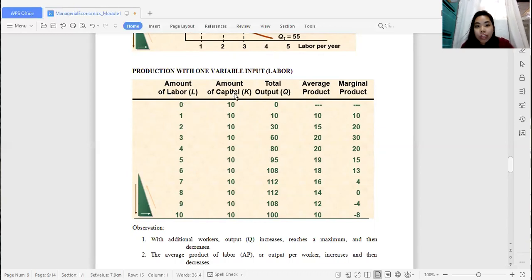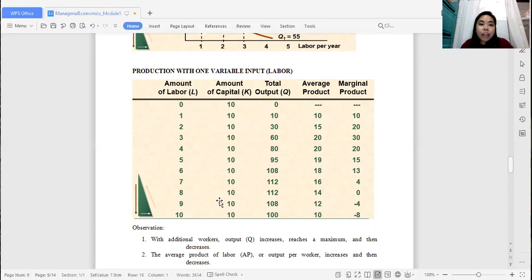Now let's go to the amount of capital. We have here 10, 10, 10. You can see that it does not change. So this is a fixed input. So there is one variable input. This is an example of a short run production function.